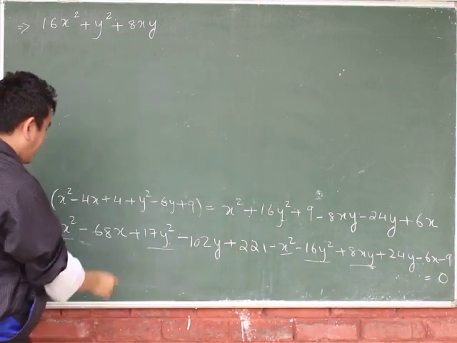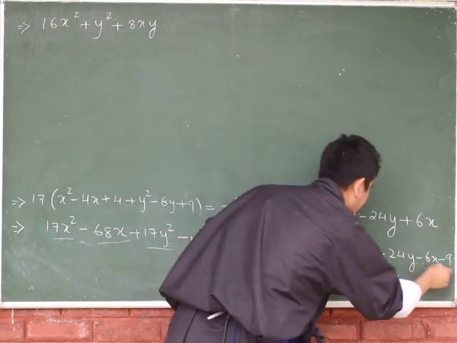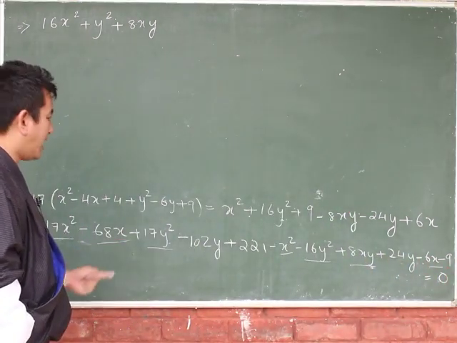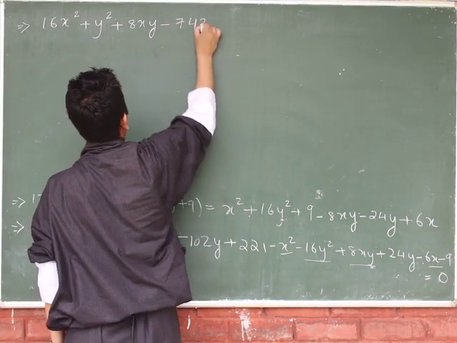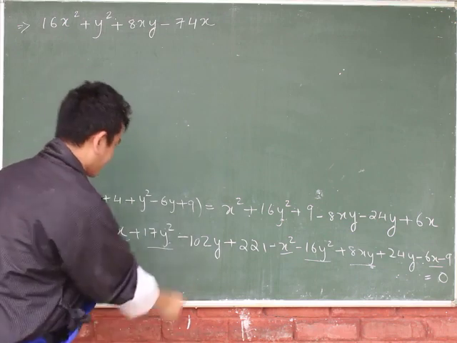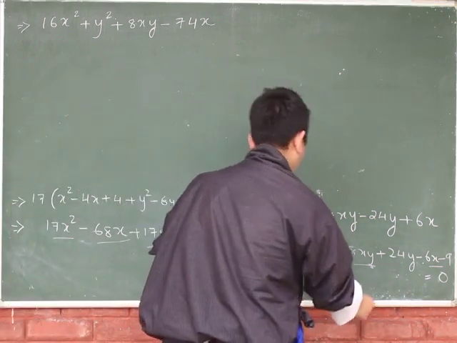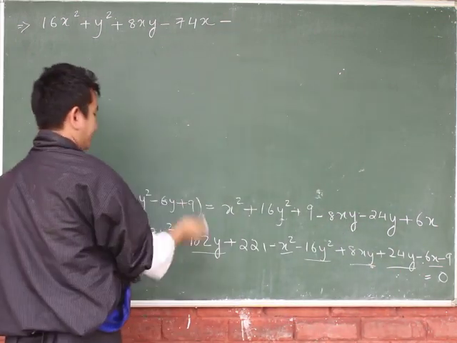Then the coefficient of x: negative 68x, negative 6x, add these two, we have negative 74x, then negative 102y.